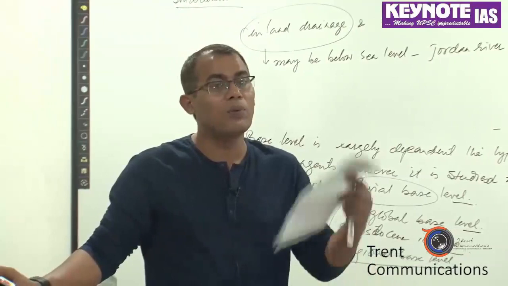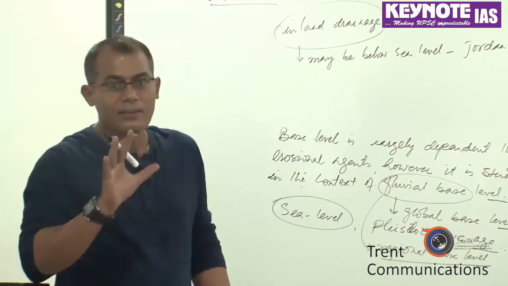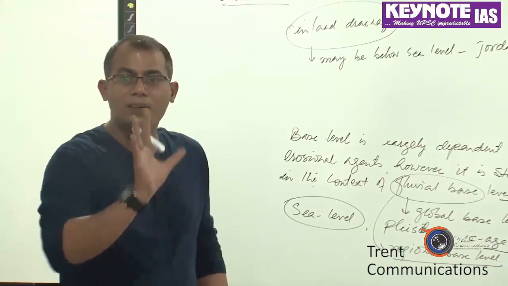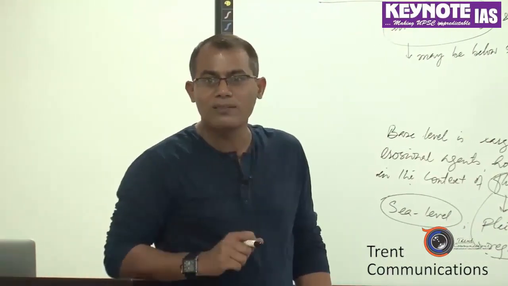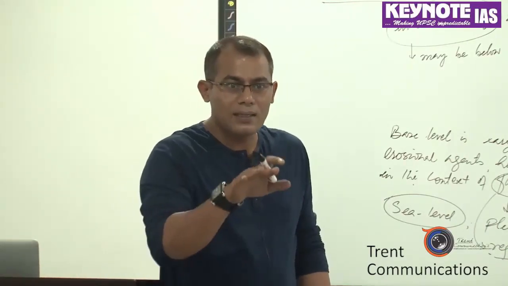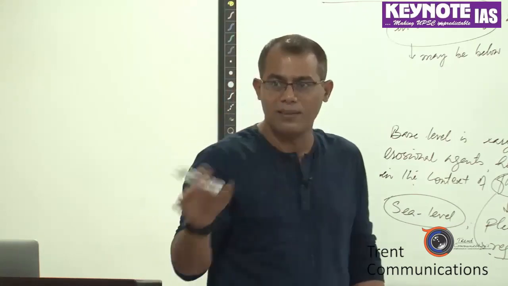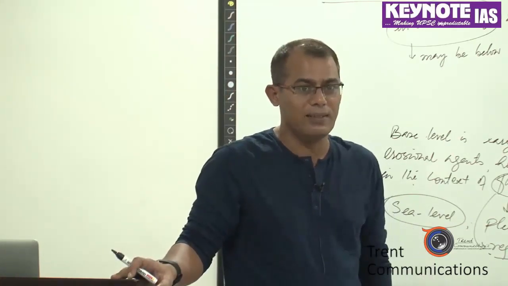You can give examples blindly. You must have learnt the lowest point of a continent. All of you must have known. Which is the lowest point of Africa? Lake Assal. Lake Assal, the lowest point, will generally be below sea level. The lowest point of a continent will be below sea level.